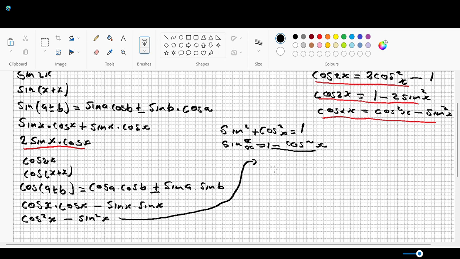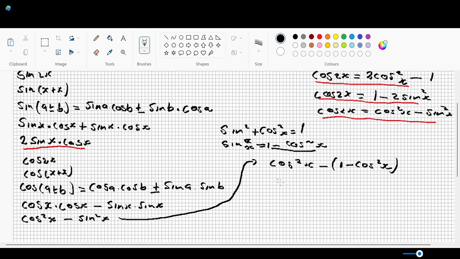So let's do it. If we substitute, we're gonna have cos squared x and then minus, instead of sine squared x, we can insert 1 minus cos squared x.